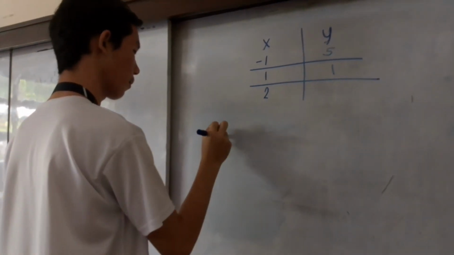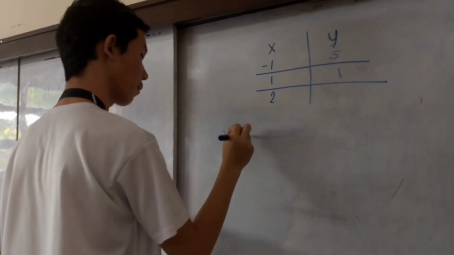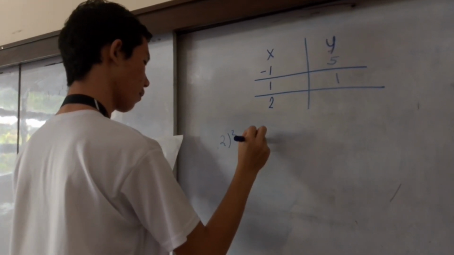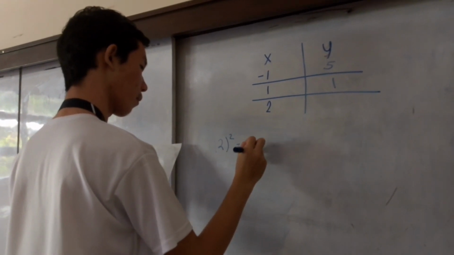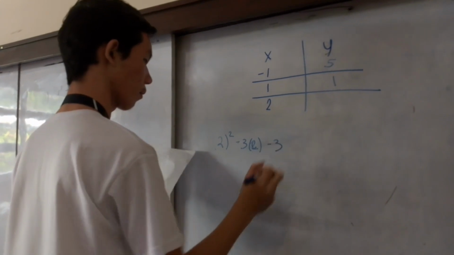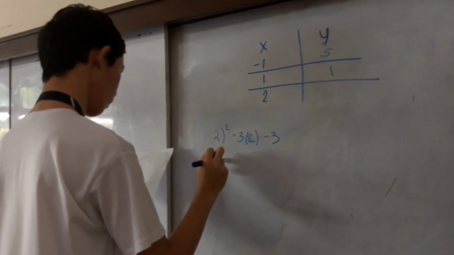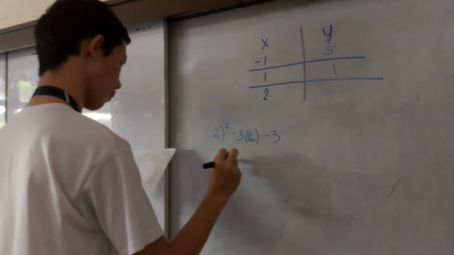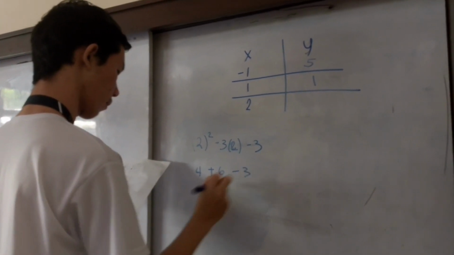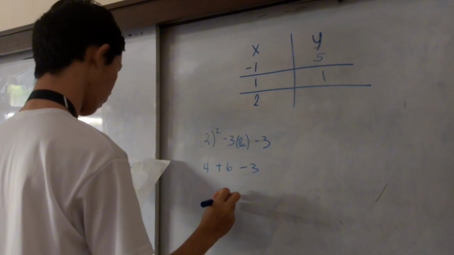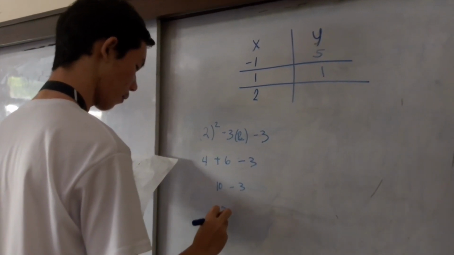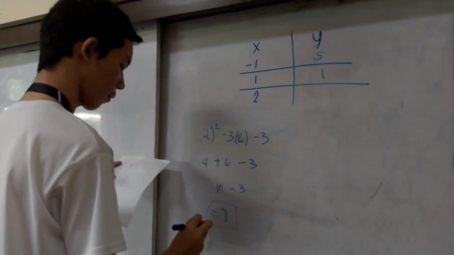For the last one, we have positive 2 squared minus 3 times positive 2 minus 3, equal to 4 plus 6 minus 3, then 10 minus 3, then we have the answer of positive 7.